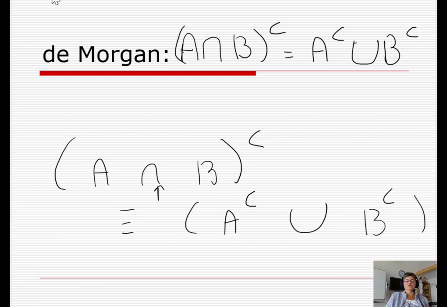So an intersection becomes a union and a union becomes an intersection. So the C goes inside the several sets and we just switch the operator. So De Morgan is quite easy to remember.